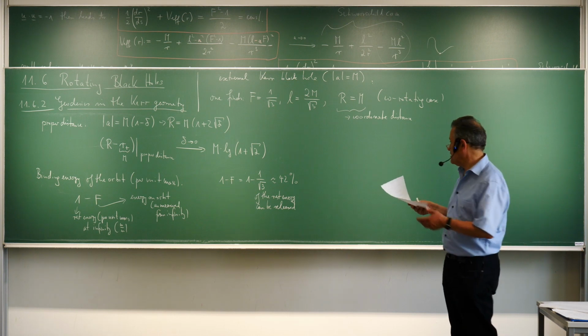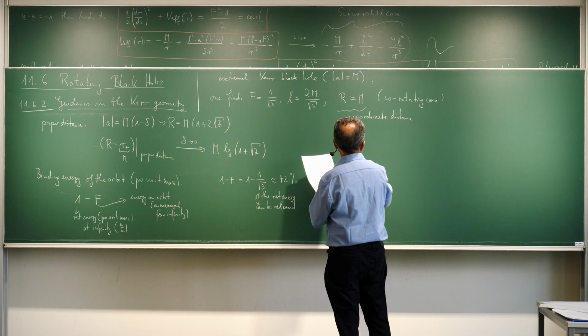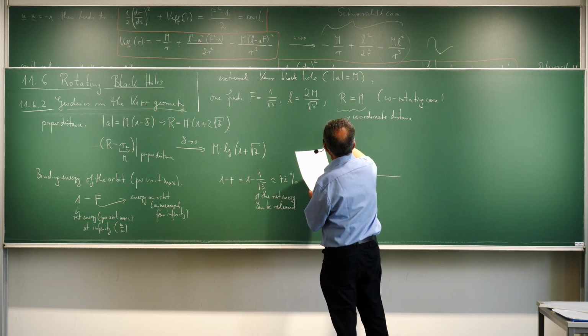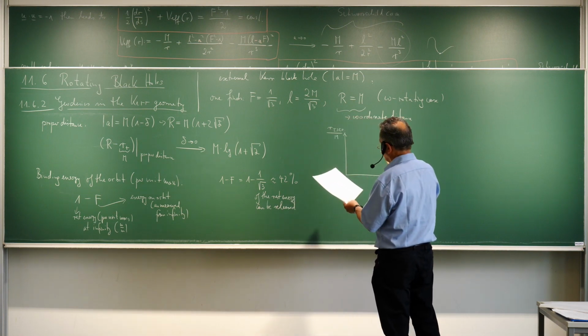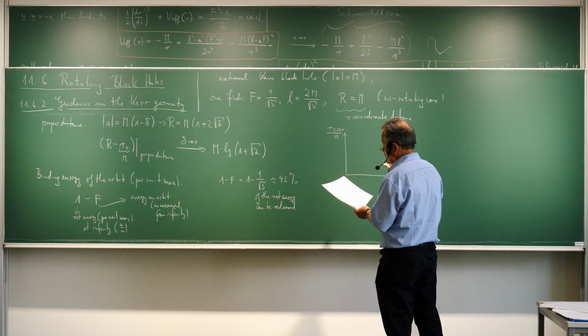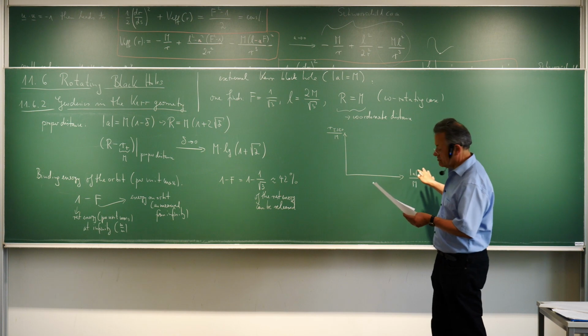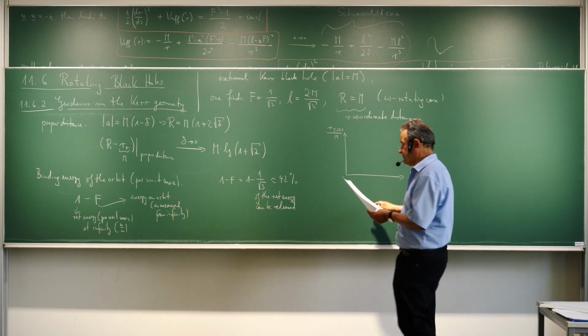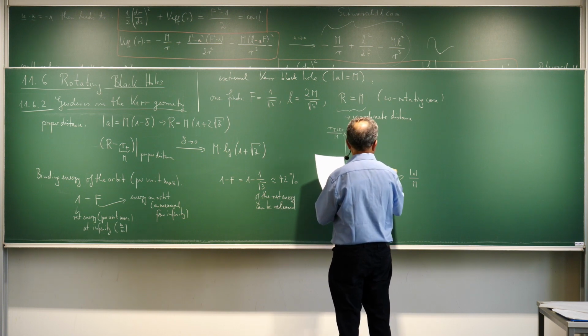Let me finally show you two diagrams. So we have here R Isco over M, and now this is the result of a calculation, also taken from Hartle's book. You plot it here against A over M. So it's not just for the extremal case. And we have here 1, say, and here we have the extremal case 1.